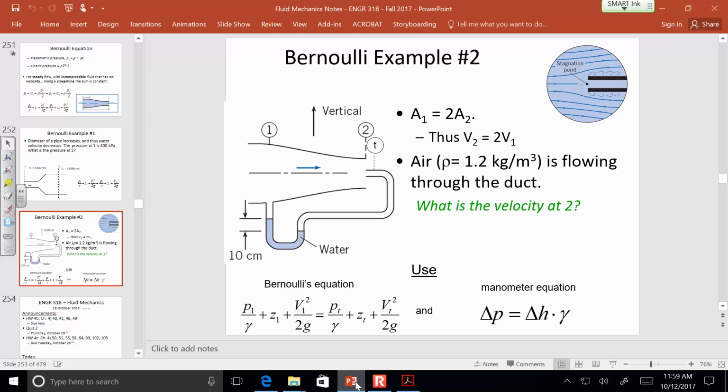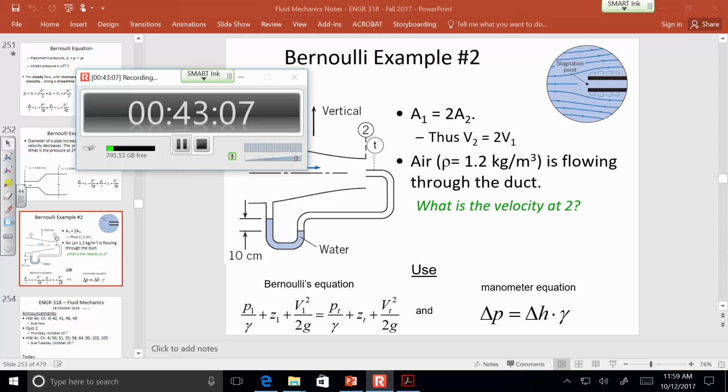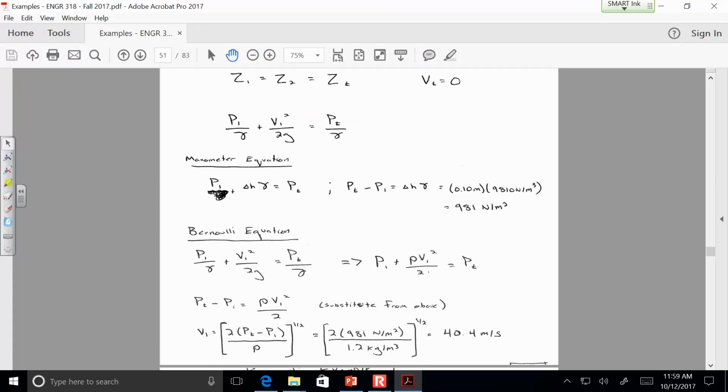So what that means then is that V2 is going to be twice V1. Good, that's right.